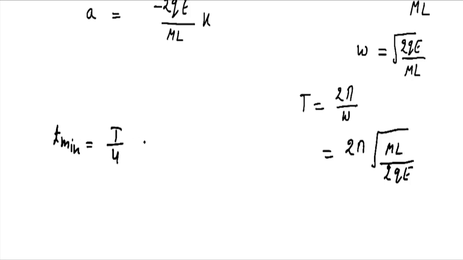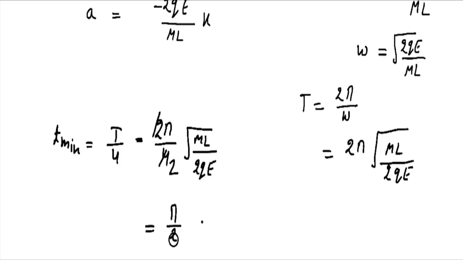T by 4 is equal to 2 pi by 4 times under root of mL upon 2qE, which is equal to pi by 2 under root of mL by 2qE.